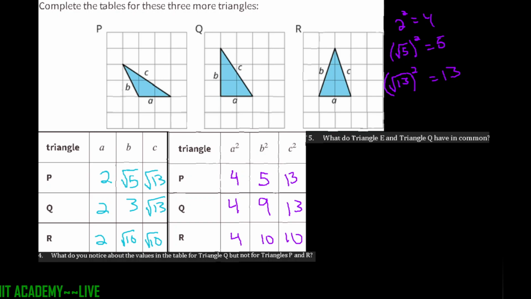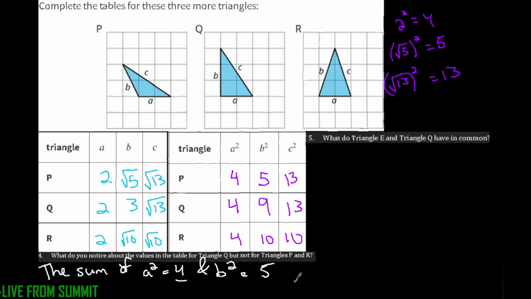We could say the sum of a squared is equal to 4, and we know that b squared is equal to, sorry, not 5, it should be 9, I was looking at the wrong one.